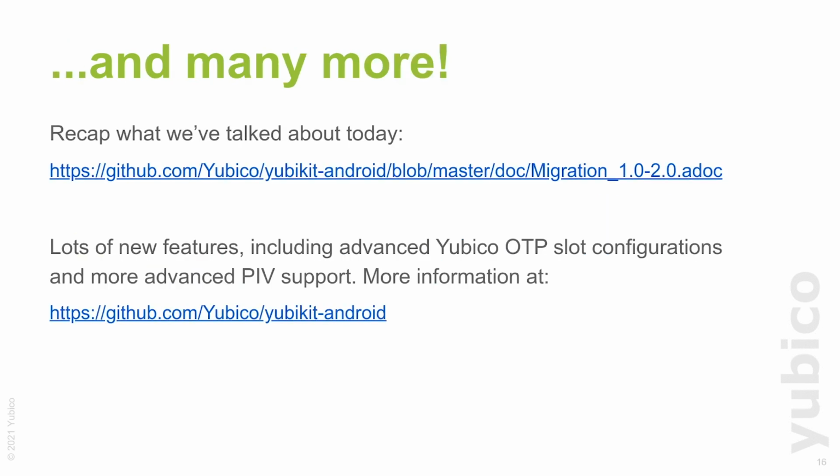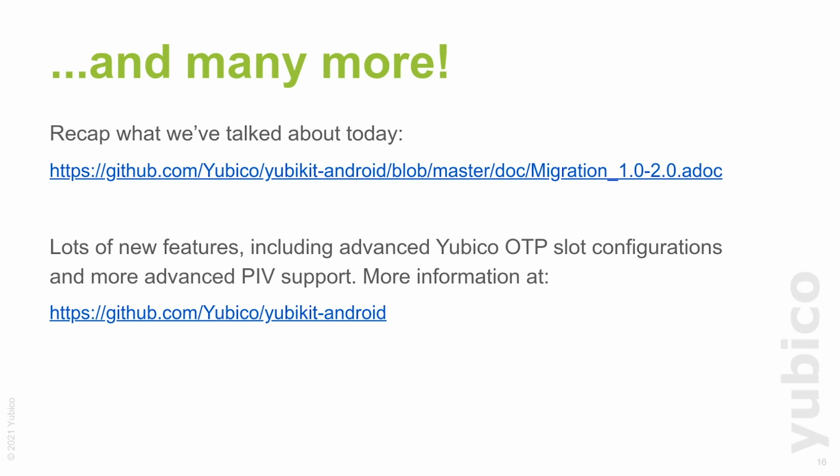So these are, of course, just some of the changes that we made. But if you've been previously using the 1.0 version of the SDK, then we think this is a good starting point for upgrading, and hopefully this will help you migrate to 2.0. And of course, everything that I've covered today is also available in our GitHub repository. There's a link right here.